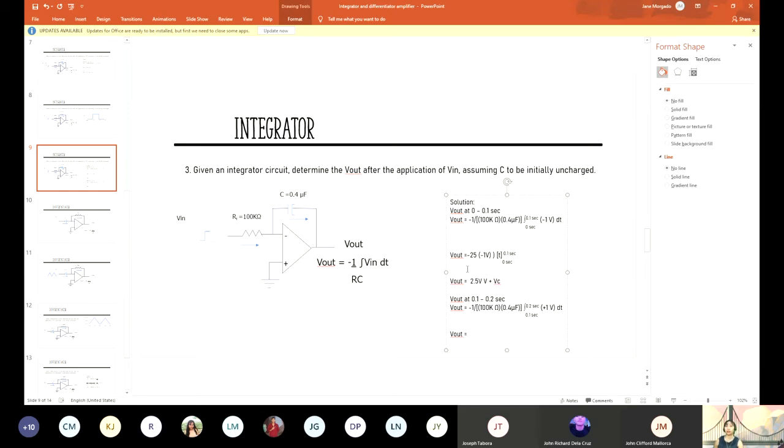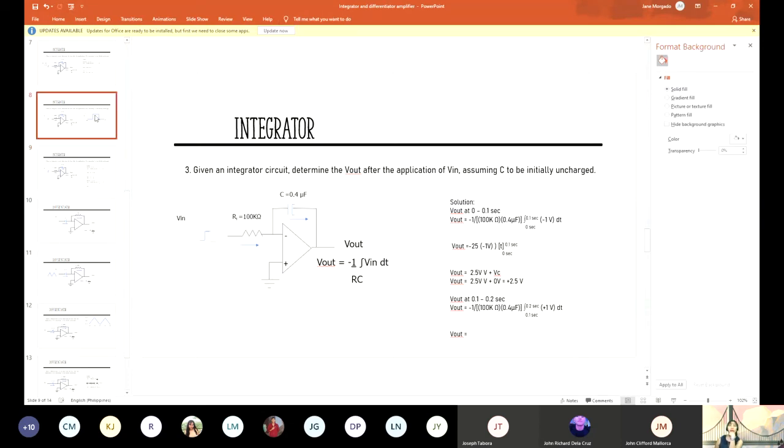Plus VC, but our VC is initially uncharged, so it's just equal to 0. Then next is at 0.1 to 0.2.